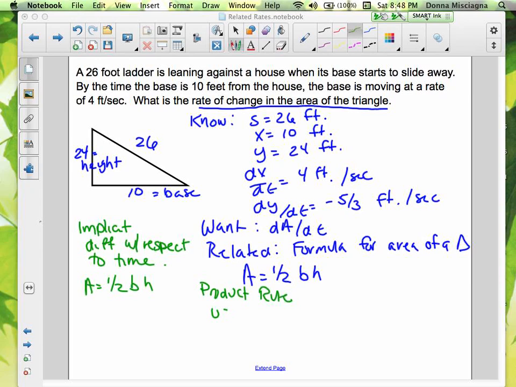So u is 1/2 b, and v is h. We're taking the derivative with respect to time. So du is going to be 1/2 dB dt.